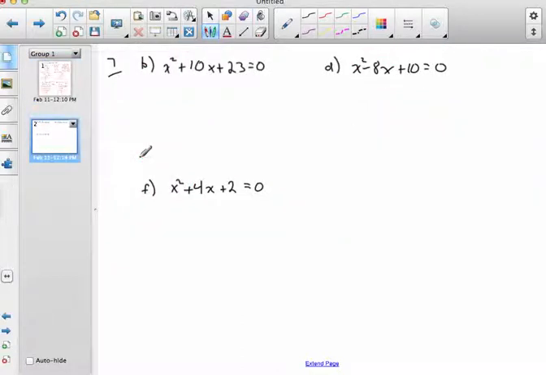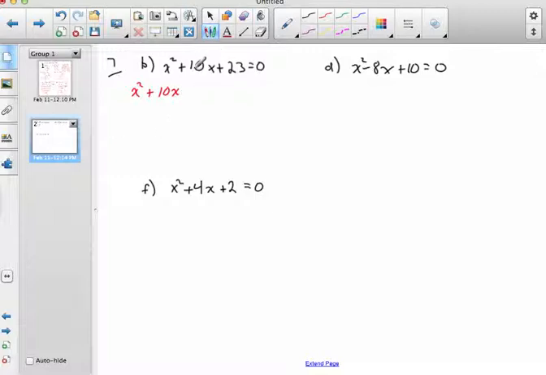Number 7. Solve each quadratic equation by completing the square and then taking the square root of each side. So by completing the square, okay, we go x squared, take half of the middle term, so plus 10x. Okay, so then we're going to take half of the middle term, which is 5.